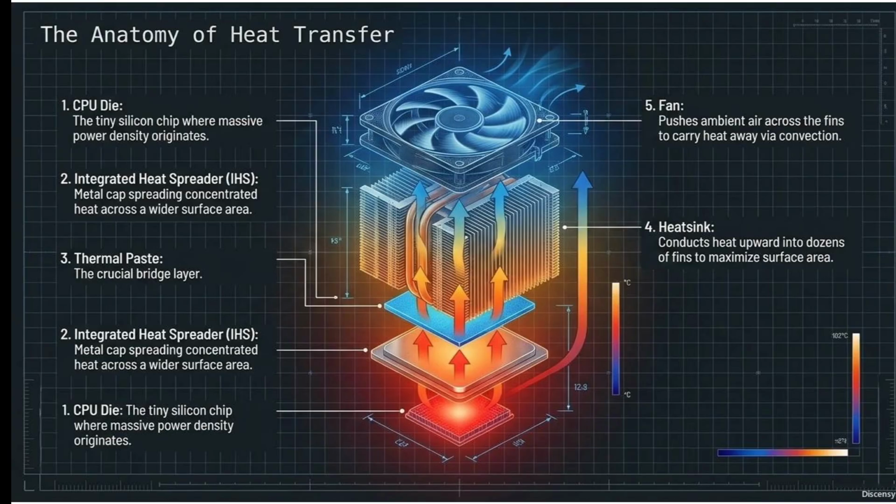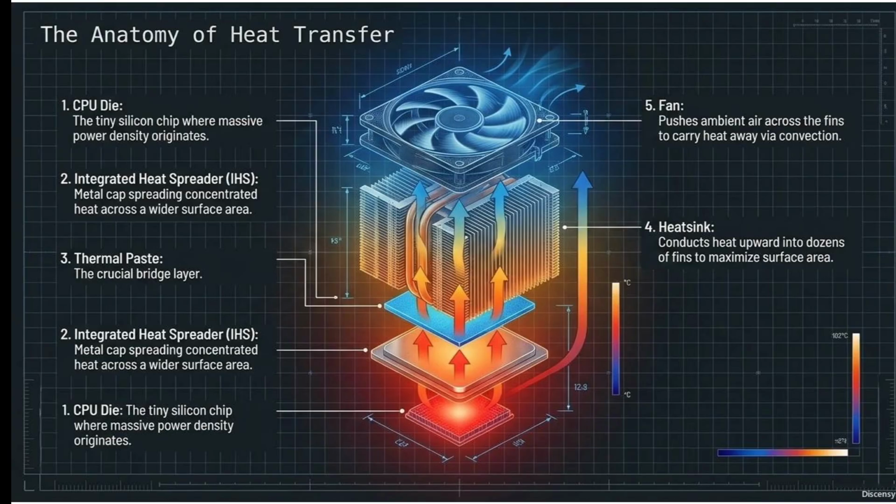Integrated heat spreader: a metal cap spreading concentrated heat across a wider surface area. We are going to have another of it, so we have it on two sides. CPU die, the tiny silicon chip where massive power density originates. So this is the anatomy of heat transfer, and above, we are going to have the fan.